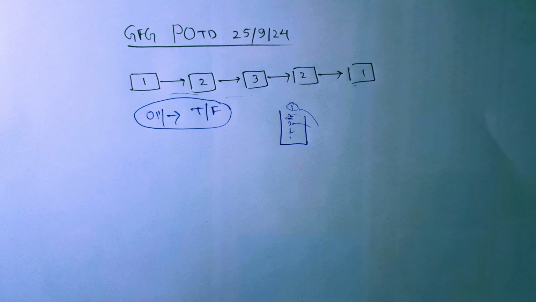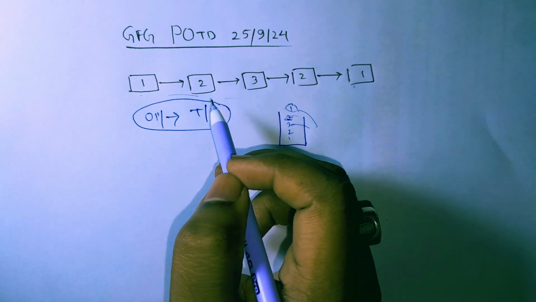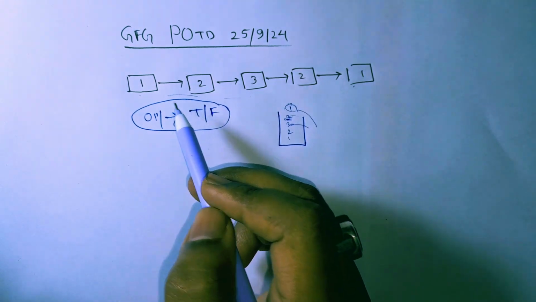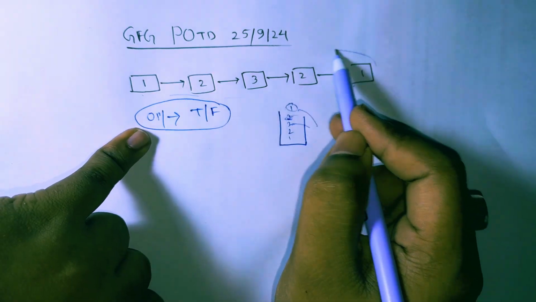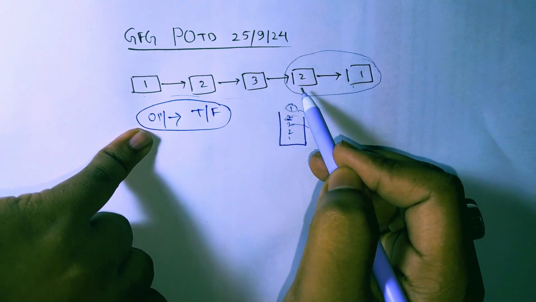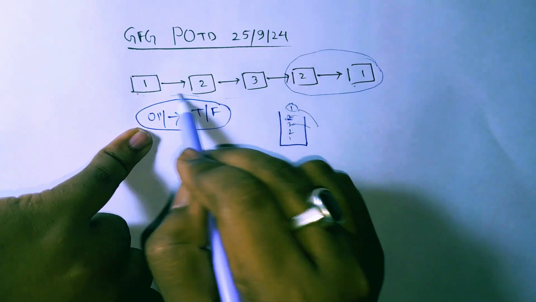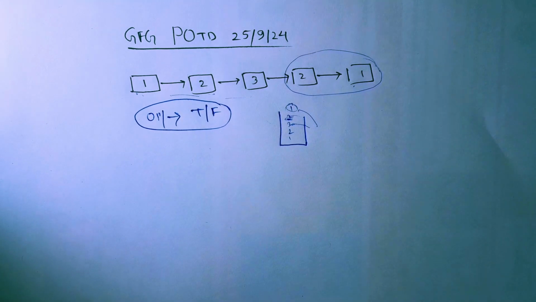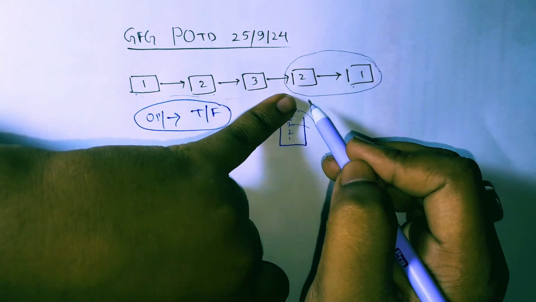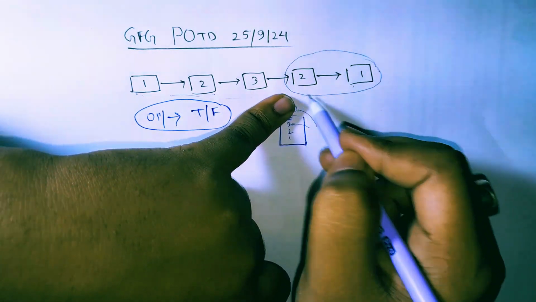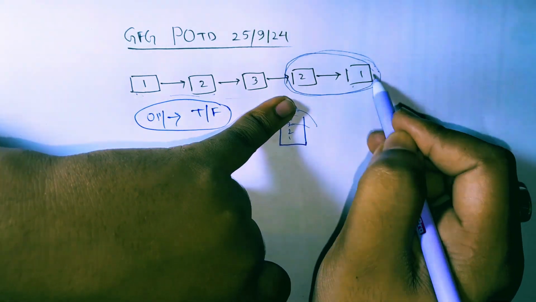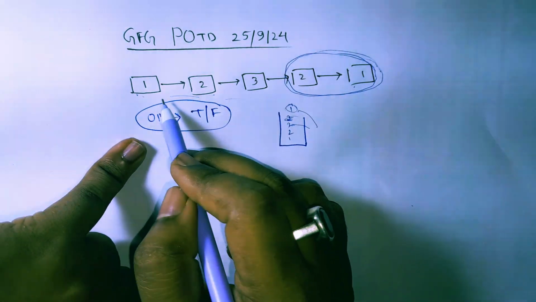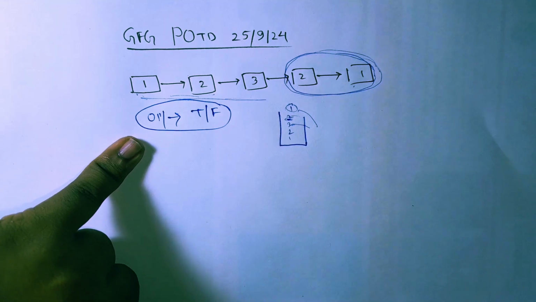So what I can do is, if you reverse this part of the linked list and compare with the first half, then you can check it easily. But the catch is, you have to reverse this part only, you cannot reverse the whole linked list.